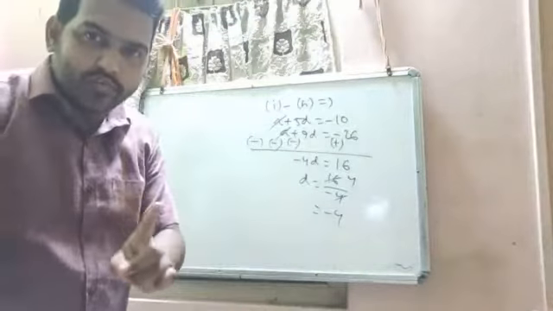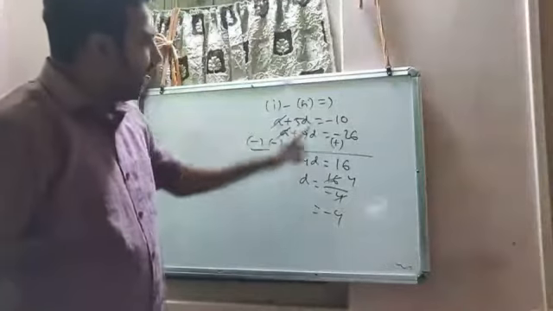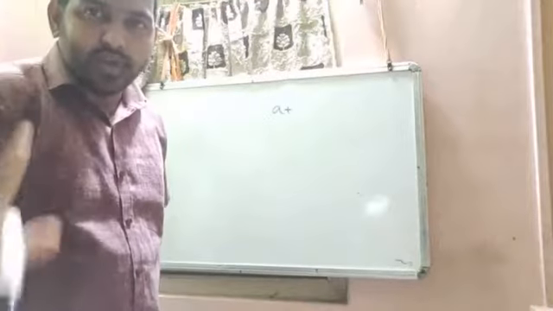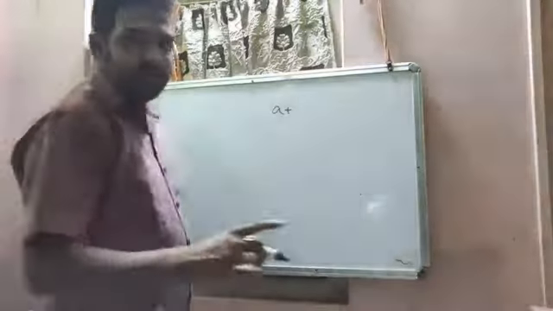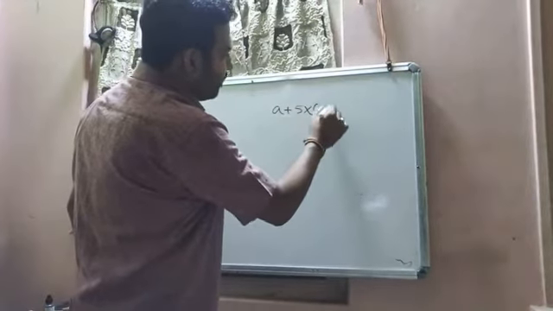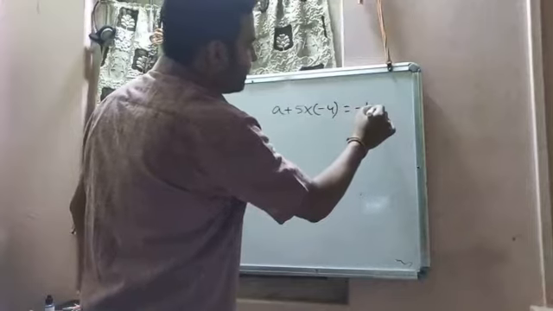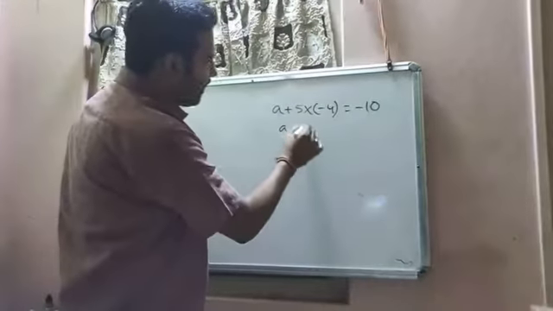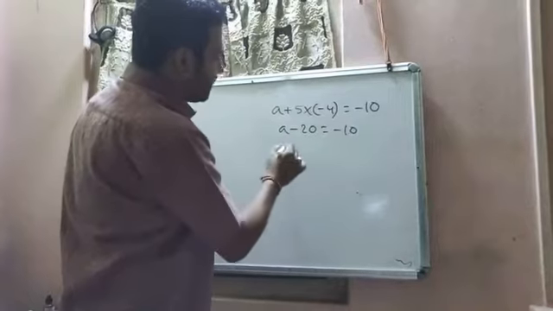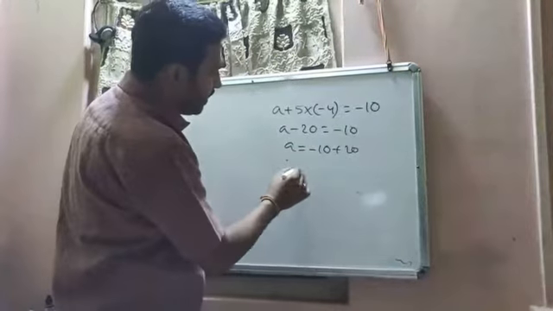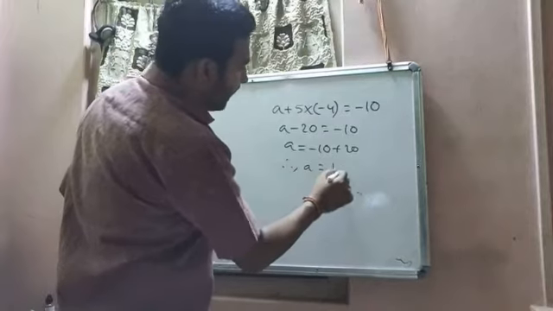Now putting the value of D in any of the equations, we can find A. In equation number 1, A plus 5D, that is 5 into minus 4, is equal to minus 10. So A minus 20 is equal to minus 10. A is equal to minus 10 plus 20, so A is equal to 10.